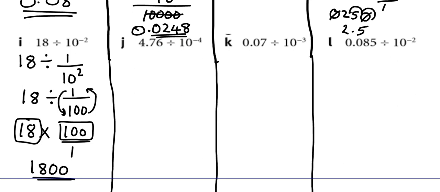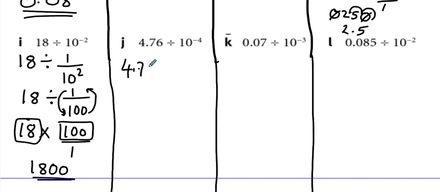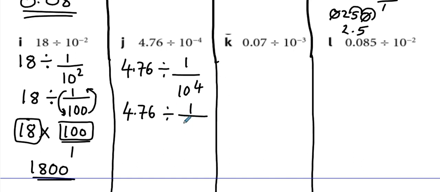Okay, how about this one? We have 4.76 divided by 10 power negative 4. We have a negative power, so do the reciprocal; this will be 10 to the power 4. 10 power 4 means 10 times 10 times 10 times 10, and that becomes 10,000.